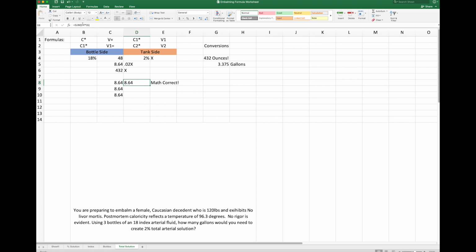If you take this number and you inadvertently divide that number by the wrong thing, you have math incorrect. You have a 2 instead of 2. So we know that that's wrong.